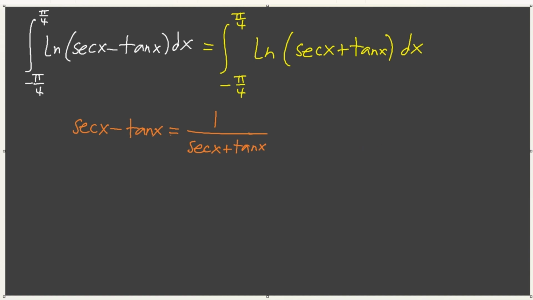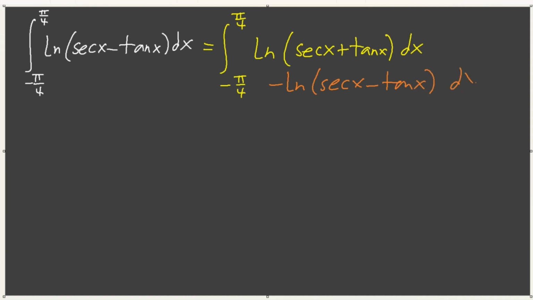This is because 1 plus tangent squared is equal to secant squared, and of course 1 is equal to secant squared minus tangent squared. Because it's a squared minus b squared, we can factor it. So, if you remember from our secret secant section, this is pretty much negative ln of secant x minus tangent x. Aha!